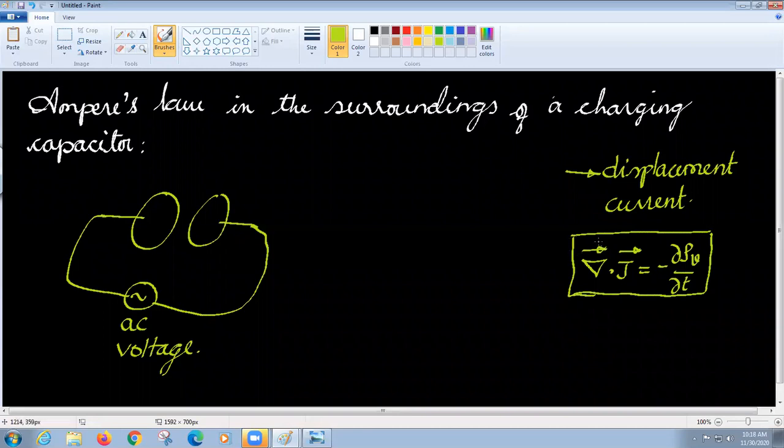And Ohm's law is because of this. J is equal to sigma E is the actual Ohm's law. The concepts derived from this as a special case are the Ohm's law you're seeing, like V equal to Ri or L dI by dt, or 1 by C integration of I dt. So you have various forms of Ohm's law in circuit theory that you have investigated.